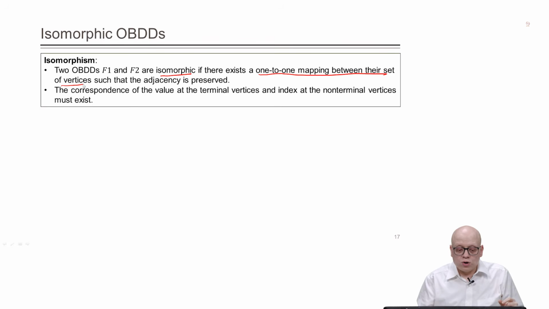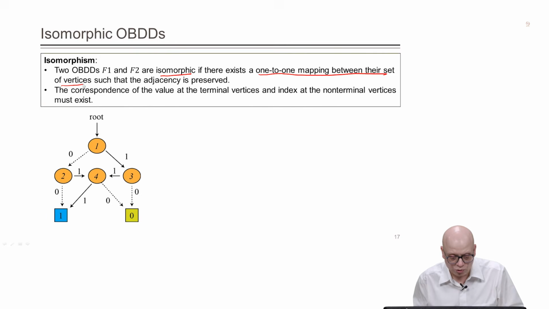So, the correspondence of the value at the terminal vertices and the index at the non-terminal vertices must also exist. Okay. So, let us take an example of isomorphic OBDDs, and then this concept will be clearer.